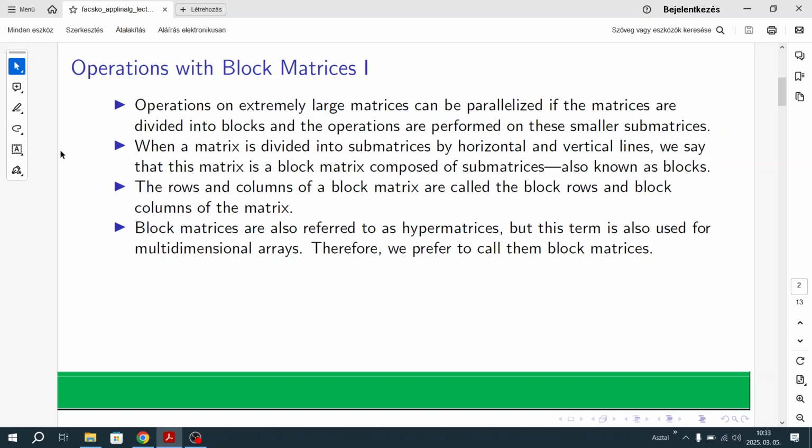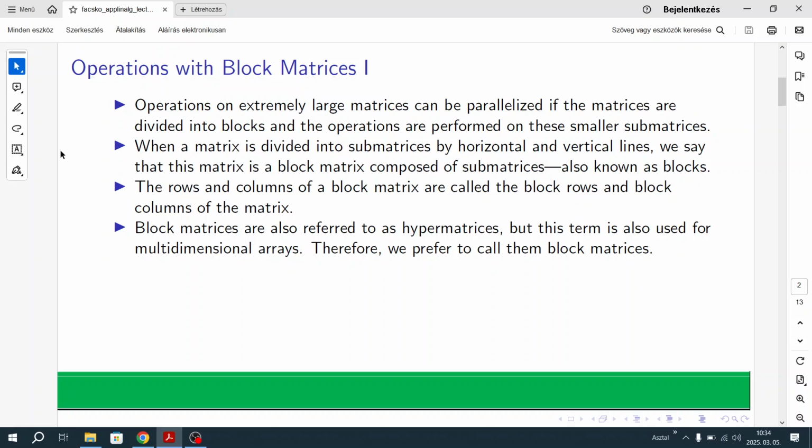So these are something special. There are so-called block matrices. The trick is the following. These are big matrices, really big, and it's quite time consuming to calculate them. So the idea is the following.